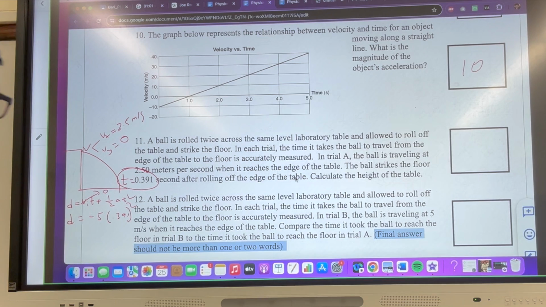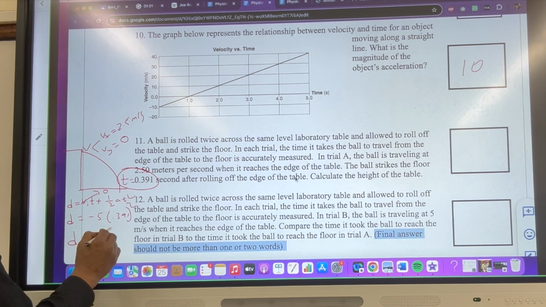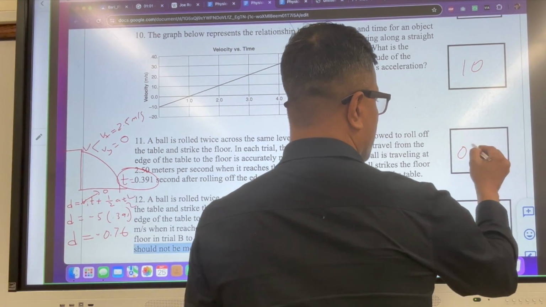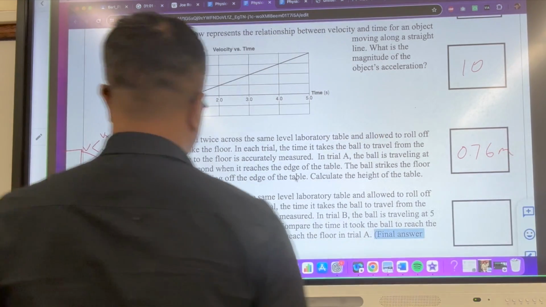So 0.391 squared times 5 gives you 0.76. So this is minus 0.76, but you take the absolute value because they want you to find height. So height is 0.76 meters.